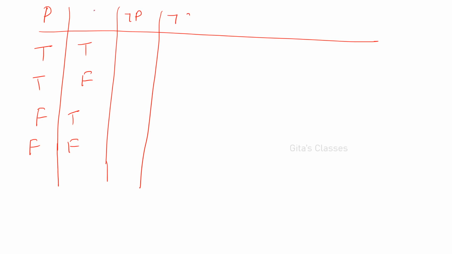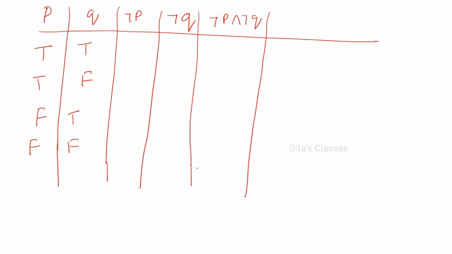This is small q that I will write because in the question it is small q only. So not P, not Q we want, then not P and not Q. This is one side, and we want not P and Q, that is inside the brackets, then P or (not P and Q).